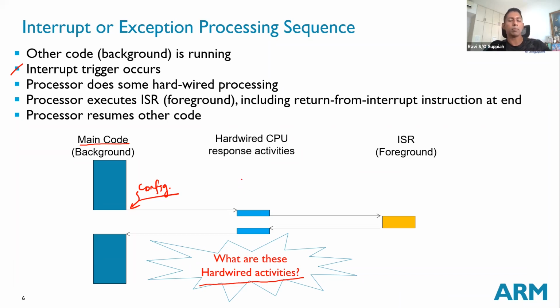I need to perform the correct configuration and settings to make sure my hardware is ready to capture that event. Once that event happens, all these hardwired activities go on automatically in the background, and then I jump to my ISR, perform what is really necessary, and come back.